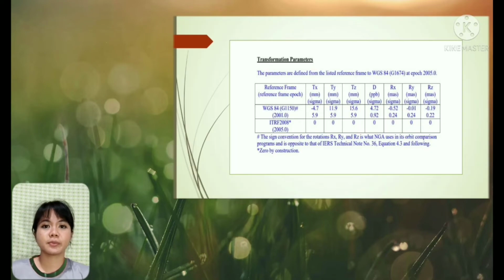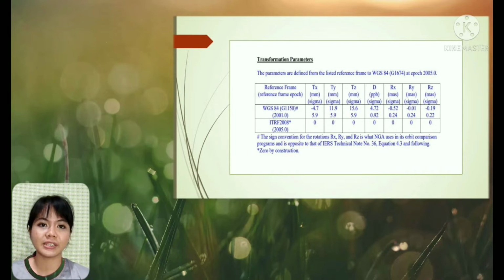So here is the table for the transformation of parameters. The parameters are defined from the listed reference frame to WGS84 G1674 at epoch 2005.0. On the first column are the reference frame, and below that is the reference frame epoch.